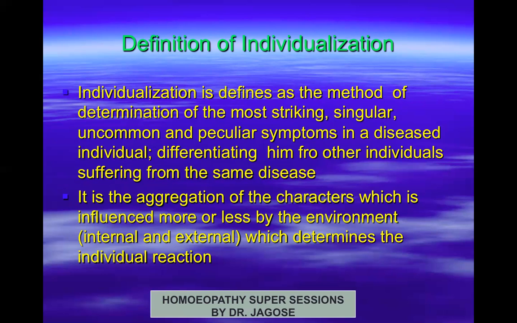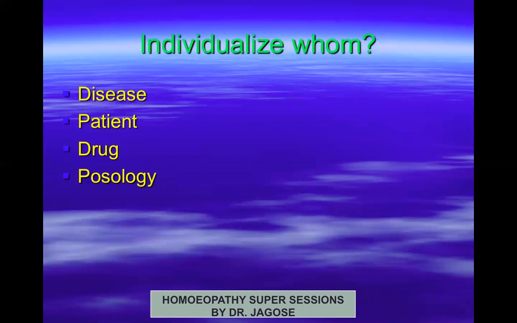And external are the environmental factors, which I've told you: physical, chemical, biological, psychosocial, and cultural. So how the patient reacts and how we aggregate all these PQRS symptoms will help us to determine the individual reaction.